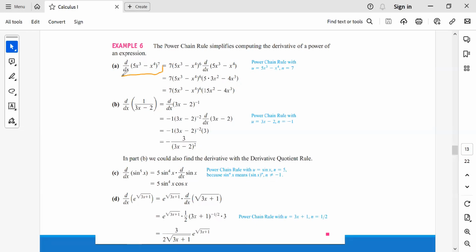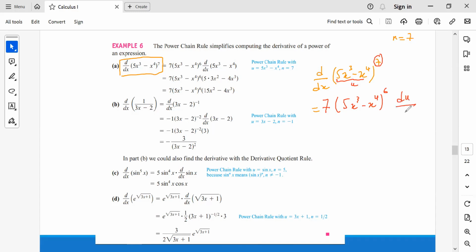Let's calculate the derivative with respect to x of 5x cubed minus x to the fourth, to the power 7. Here, n is 7, the power of the function. It gives me 7 times 5x cubed minus x to the fourth, to the power 6.